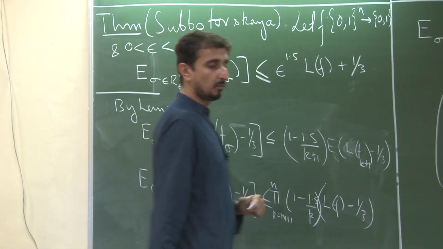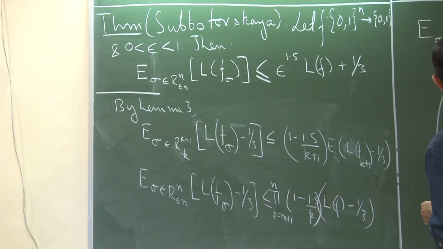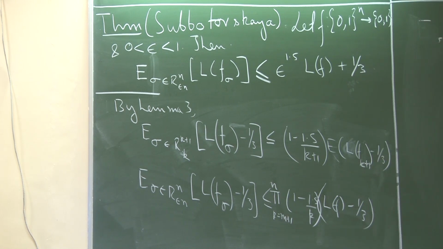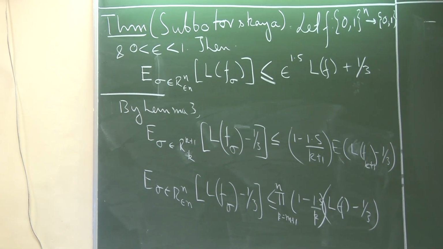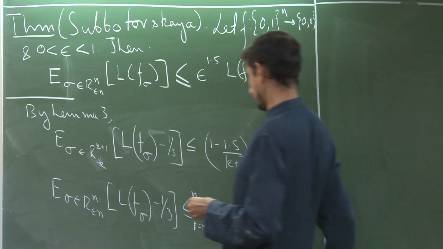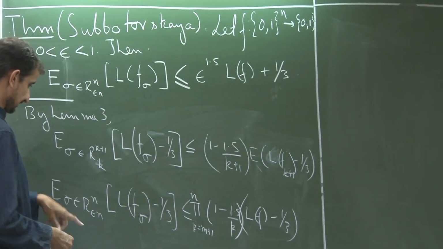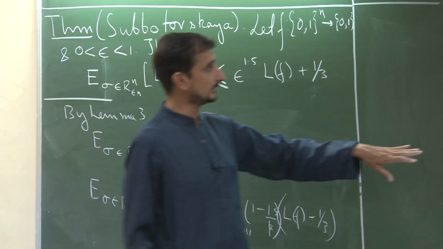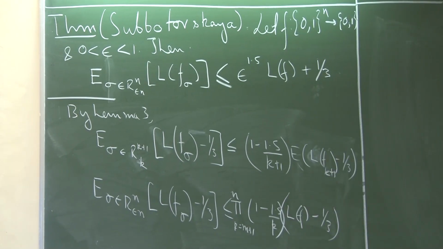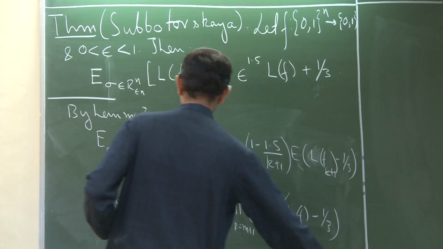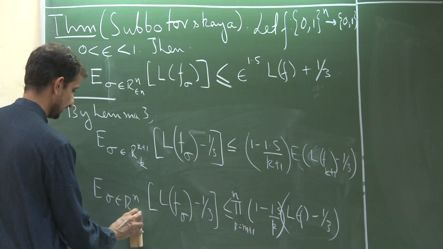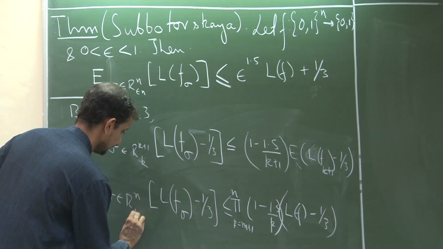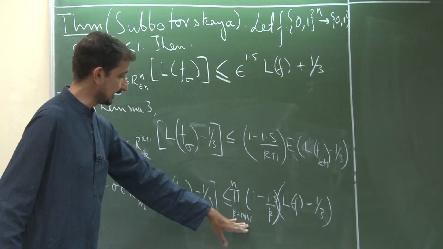Now, what does this evaluate to? Again it is easy to see that, I think I wrote somewhere over here that m is nothing but epsilon n. So in fact, I can write m over here instead of epsilon n, because I am using m over here as well.